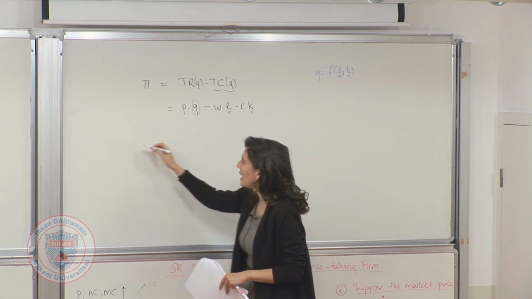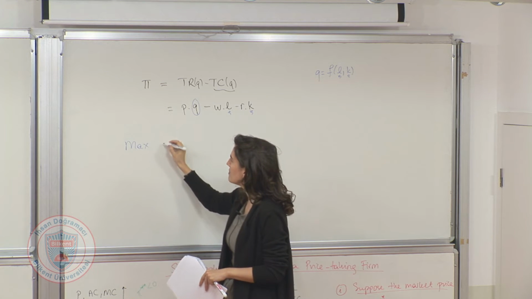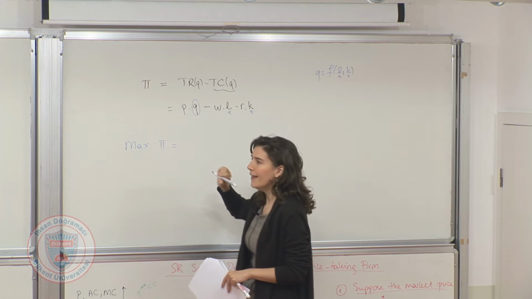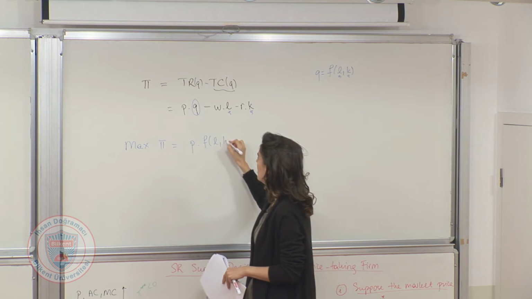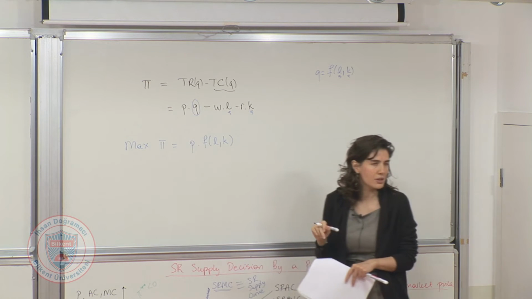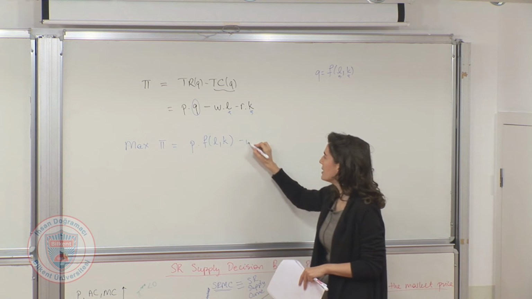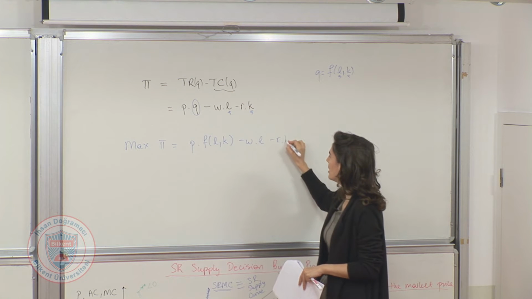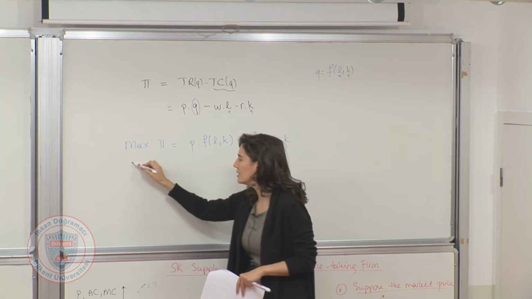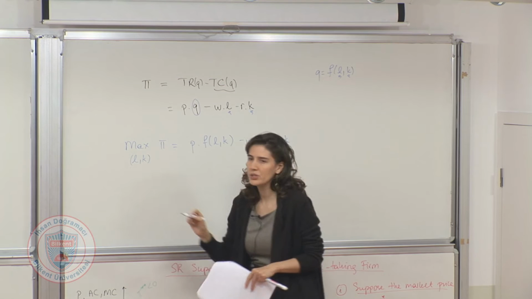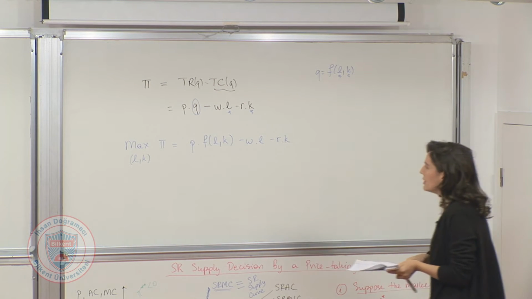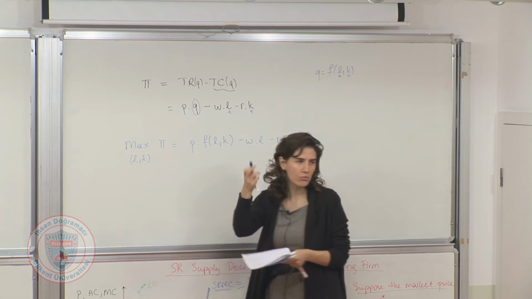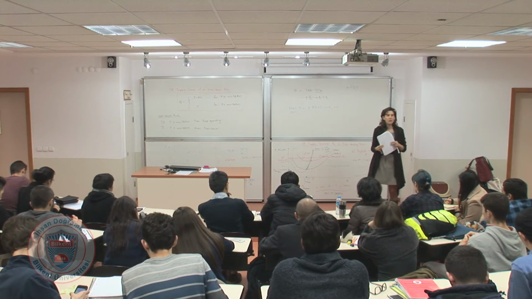Now I can write this like this: maximize profits, which is price times f of L, K. Instead of Q, I put this. Minus wage times L minus R times K, okay? And let me do this maximization with respect to L and K. So we can also write the profit maximization problem like this.